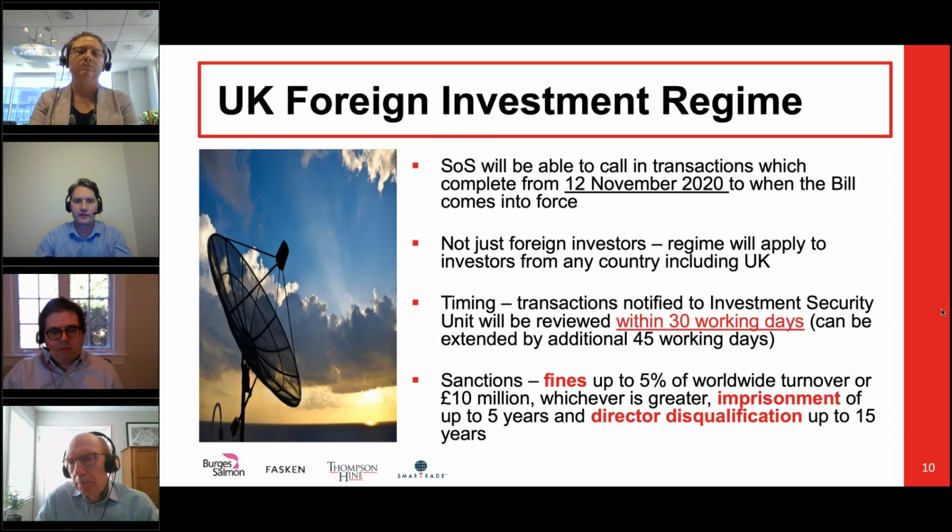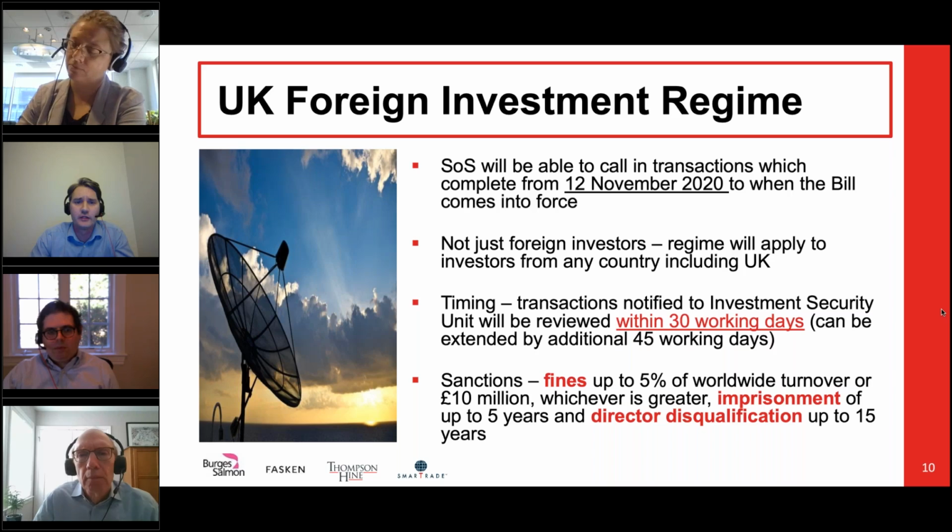So the Secretary of State will be able to call in transactions that have completed from 12th of November 2020 onwards. So for that very reason, it is really important to start looking at potential transactions now to see whether they could be called in potentially at a later stage, and whether it actually makes sense to proactively inform the government about transactions now.